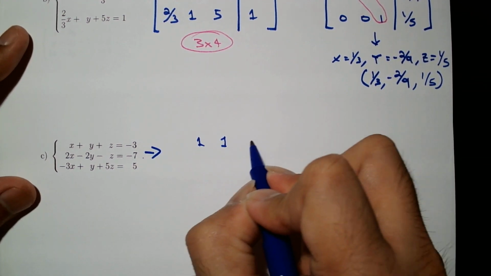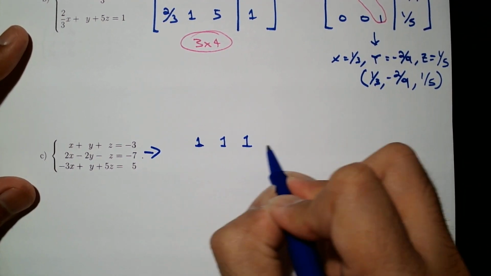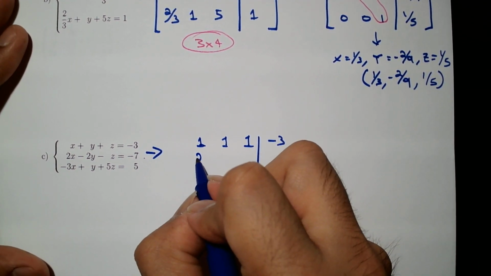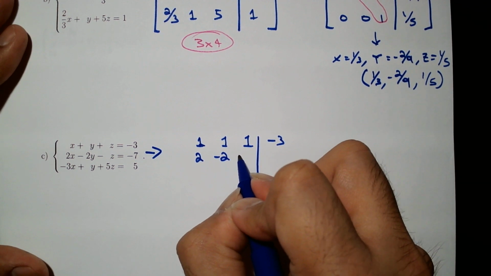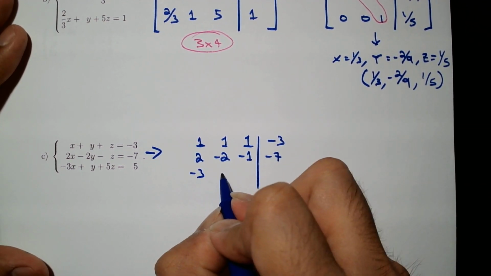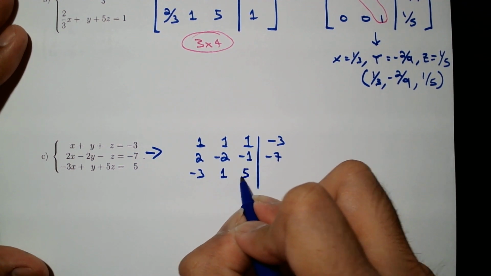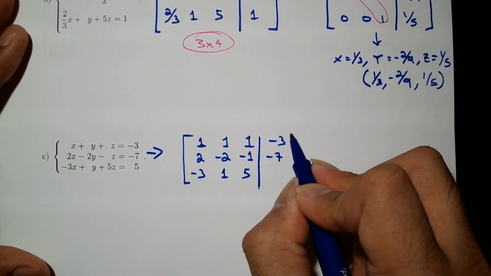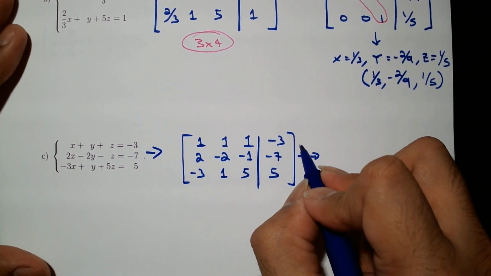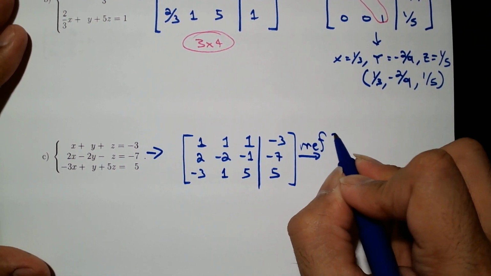There is a bar here. 2, negative 2, negative 1, negative 7. Negative 3, 1, 5, and another 5. So we're going to do RREF.